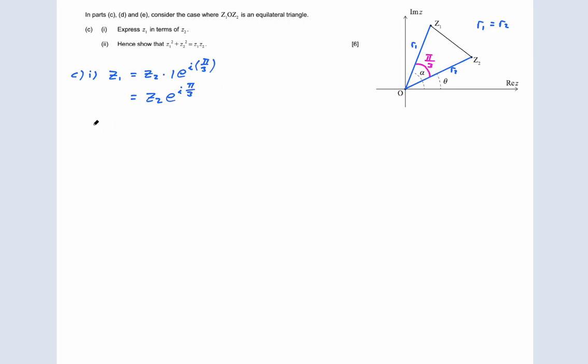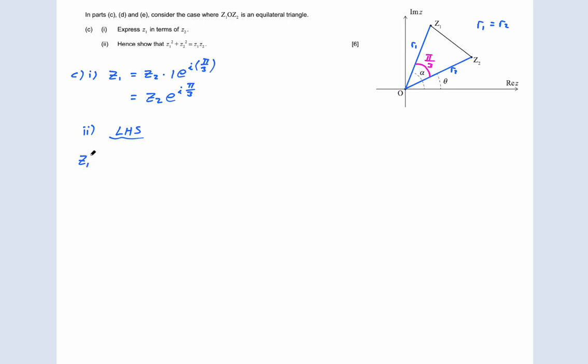Okay, that's part I. Part II. He says, hence, show that Z1 squared plus Z2 squared is equal to this. Okay, so I'm going to do a left-hand side, right-hand side kind of approach. So the left-hand side is Z1 squared plus Z2 squared.